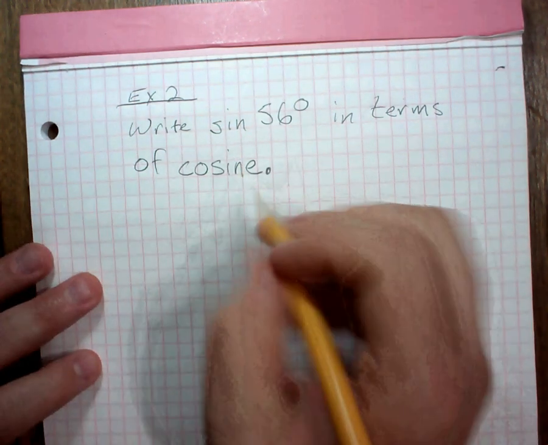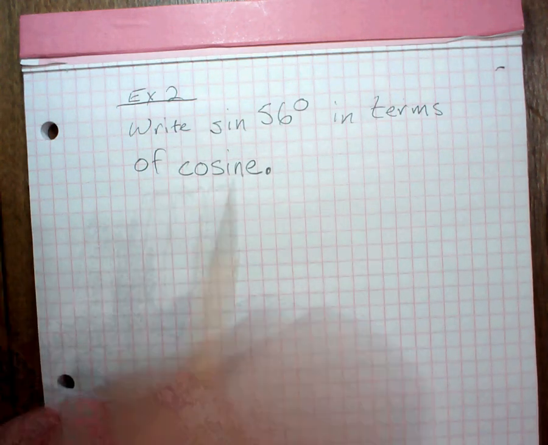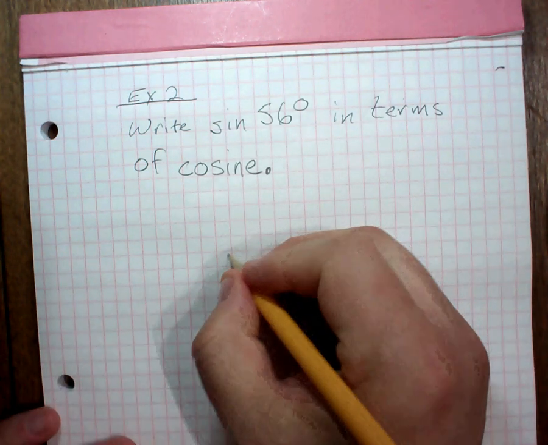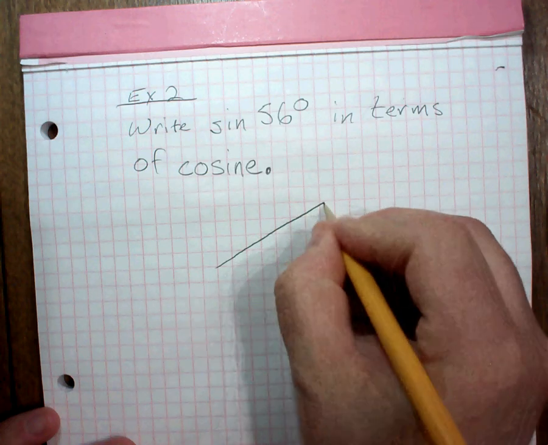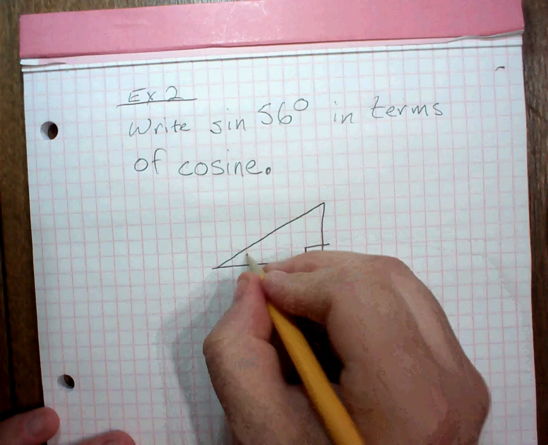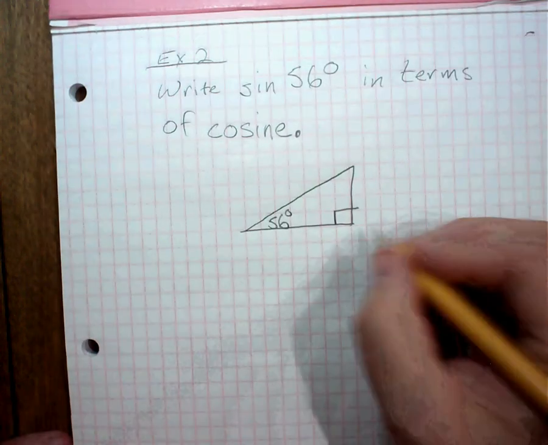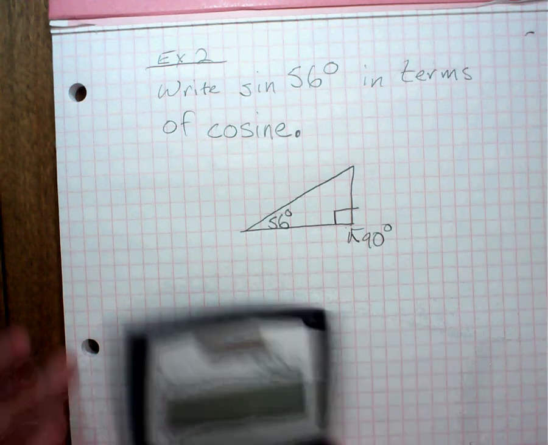In order to do that, what I have to know is that sine and cosine are what we call complements of each other. So if I do my right triangle, this is going to be a little confusing, and I say this angle is 56 degrees, and I know that this is 90 degrees, I know they have to add up to 180.